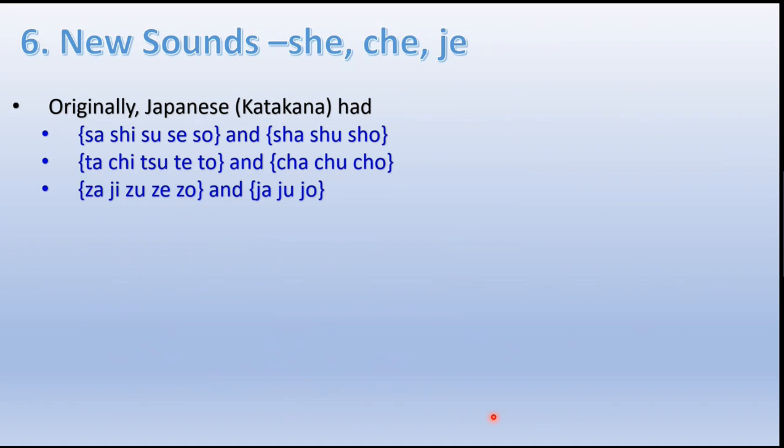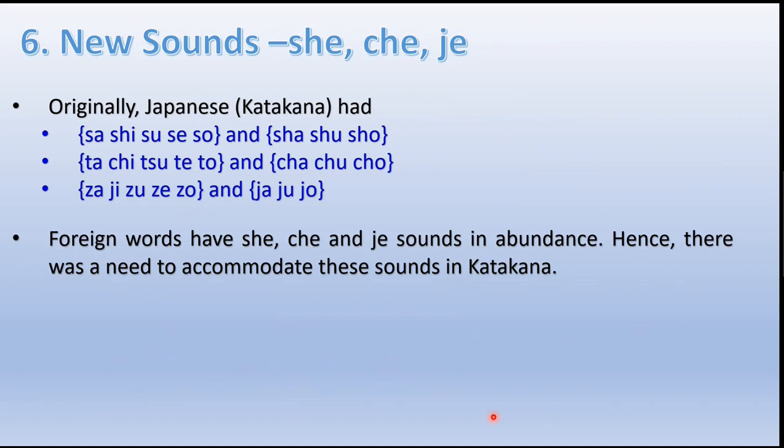And then we have za, ji, zu, ze, zo, and the three blends ja, ju, jo. So this means there are no she, che, and je sounds. Now, foreign words have she, che, and je sounds in abundance. Hence, there was a need to accommodate these sounds in the Japanese sound system. And so these three sounds have been included in modern katakana.